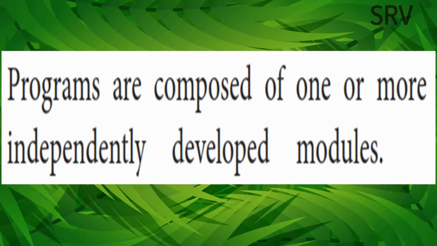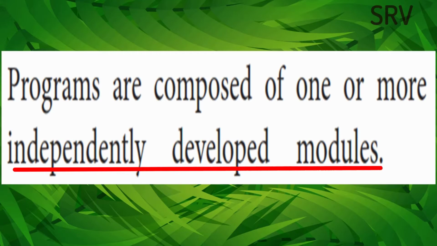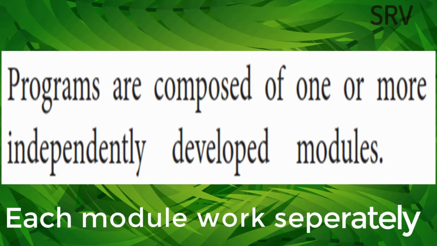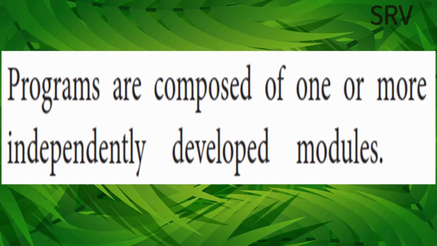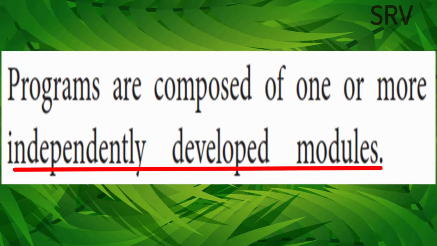We can say that one module and another module inside a program have no connection. They can work separately, that's why it is given as independently developed modules. When two or three modules are written, each module can work separately without having a link to each other.